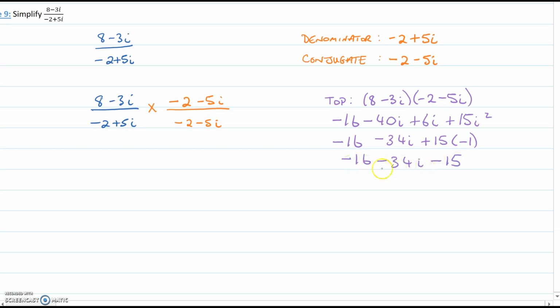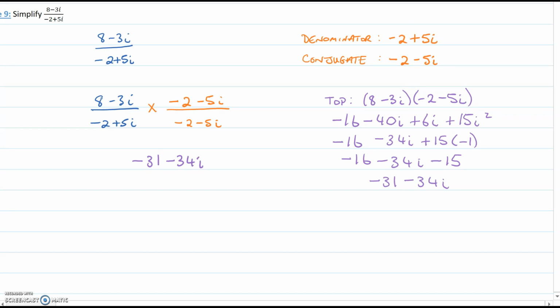If we simplify the real parts, negative 16 and negative 15 is negative 31, minus 34i. So that's what the top turns out to be, negative 31 minus 34i. Now, you might think, how is this making life any easier for us? The numbers have got bigger and more out of control, but we're going to fix that in a second.